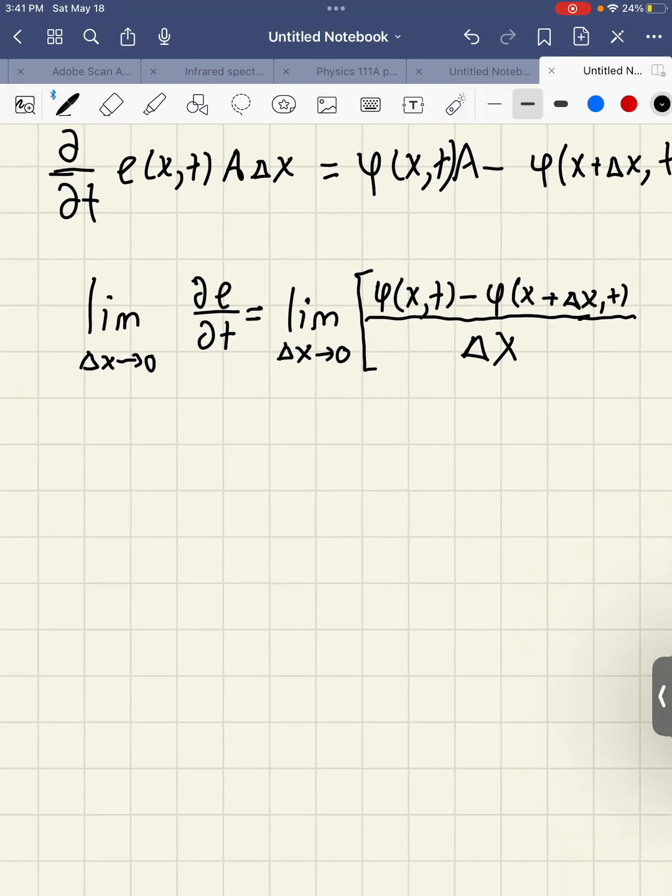Here there's no delta x, so this is left as the partial in t.